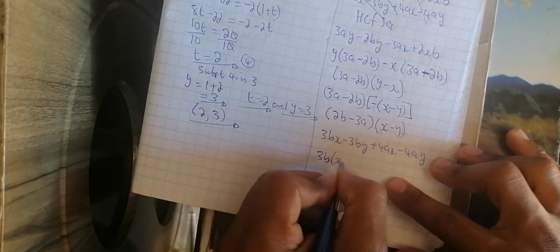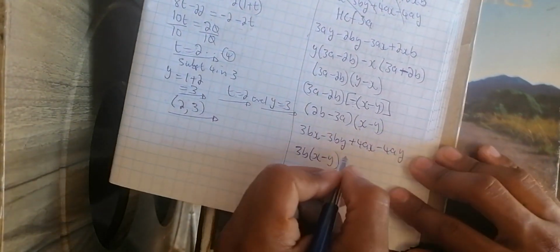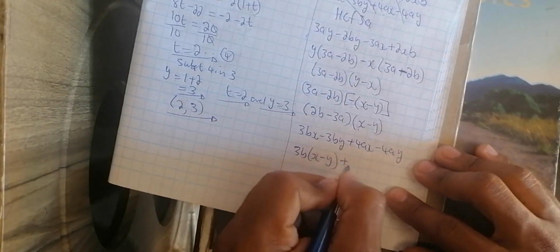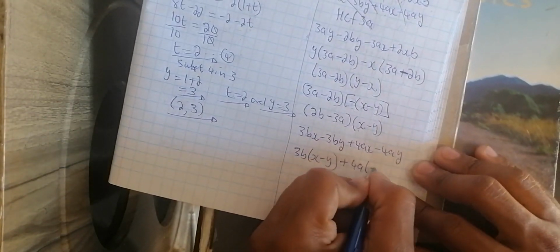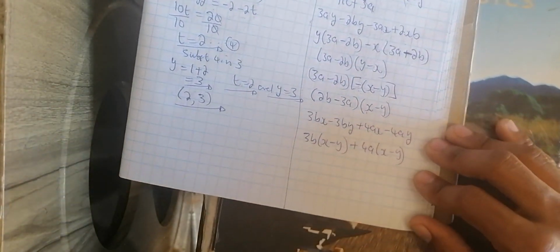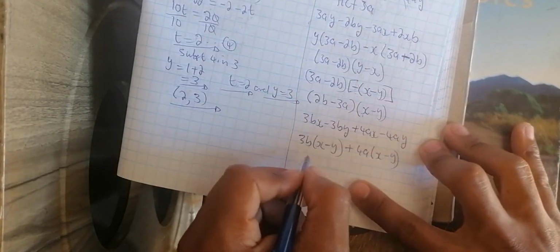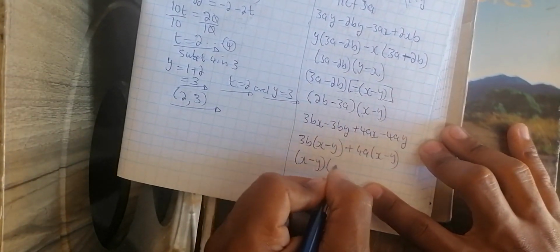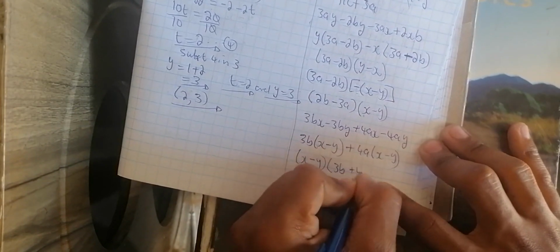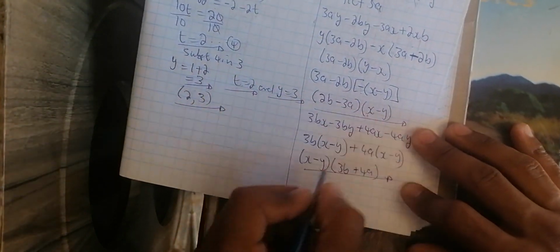You are left with x minus y. Very good. You take out positive for a, and you are left with x minus y. Very good. This into this is this, into that is that. So here you will have x minus y into 3b plus 4a. Right, so this is final.